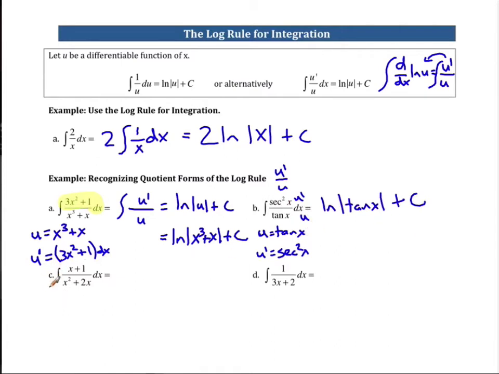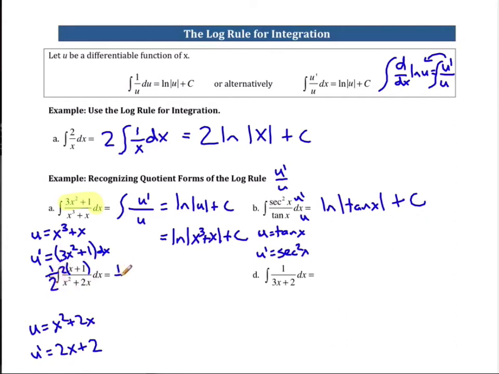All right, in example C here, we're going to let u equal x squared plus 2x, following with the denominator there, and u prime would be 2x plus 2. And if we look, we only have an x plus 1 on top, so we don't quite have u prime, but if we multiplied the numerator by 2, then we would have our 2x plus 2. And to keep this balanced, we have to multiply on the outside by 1/2.